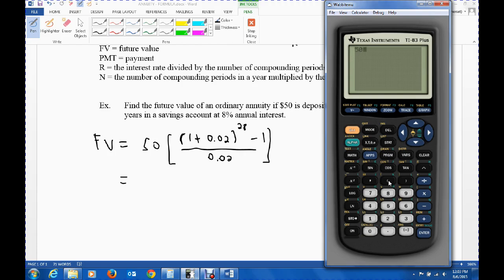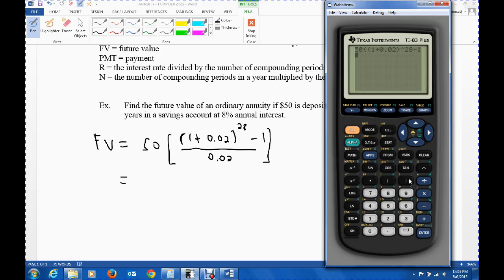So I don't want to use the brackets here, so I use a double set of parentheses. Then 1 plus 0.02. I'm going to close that parentheses because that's for the inside parentheses. And I'm going to raise that, and this is the exponent key. So if your scientific calculator has this as an exponent key, you may be able to type it in just like this. And then I'm going to hit minus 1.